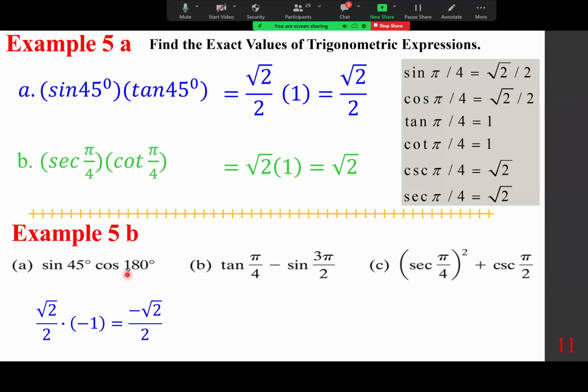I hope everybody's fine with that. All right. Tan of pi over 4 is 1. Minus sine of 3 pi over 4, which is negative 1. 1 minus -1 makes it +1, and it's 2.